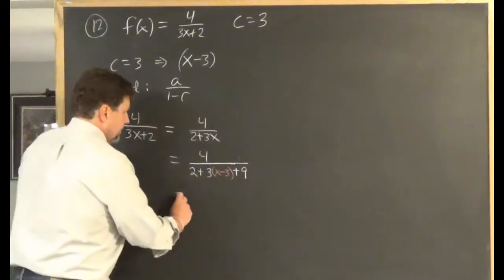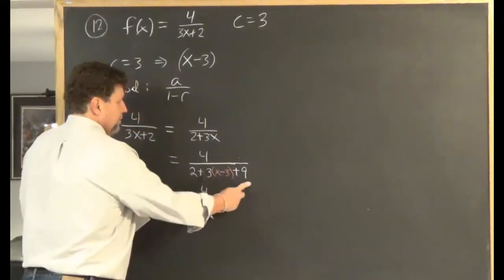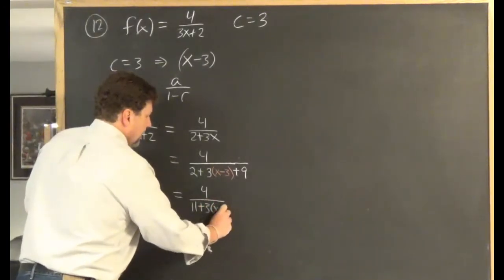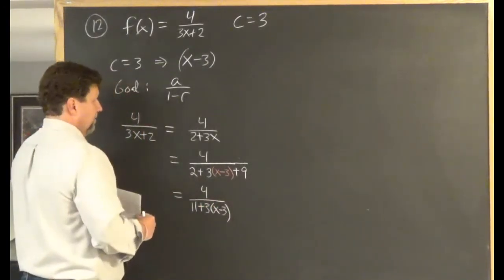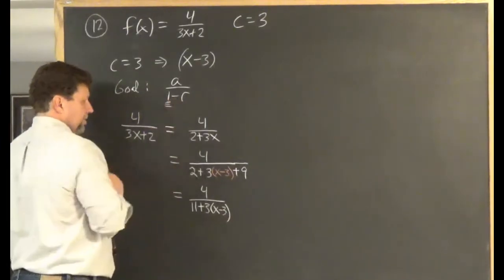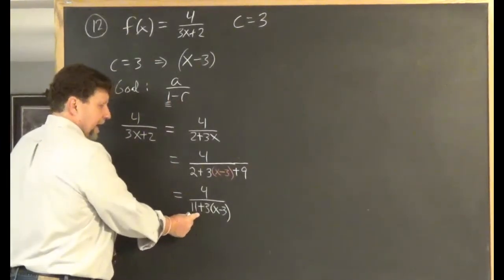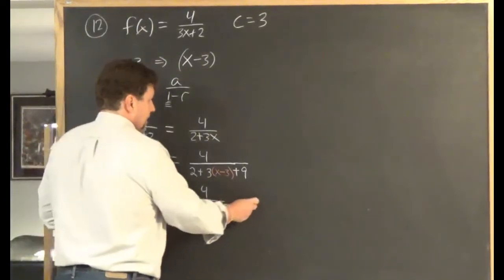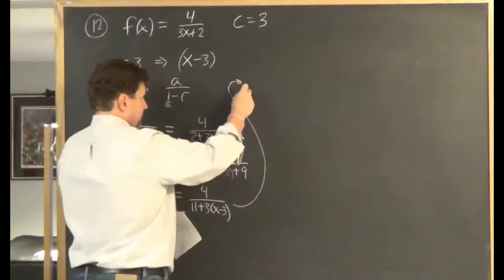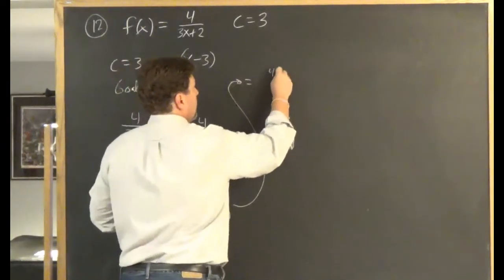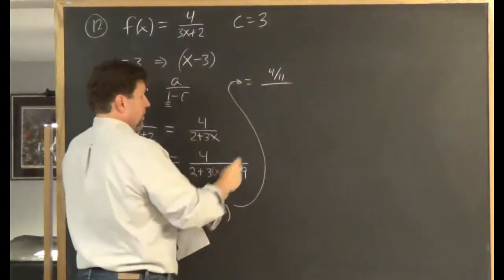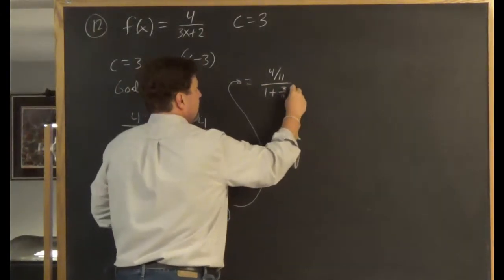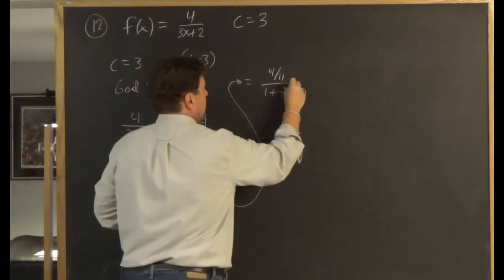And then, see, 2 plus 9 is 11. I think we're getting kind of close. I need to see, remember the key most important part is a 1. So divide by 11, divide everything in the numerator and denominator by 11. And that gives me 4/11 over 1 plus 3/11 x minus 3.